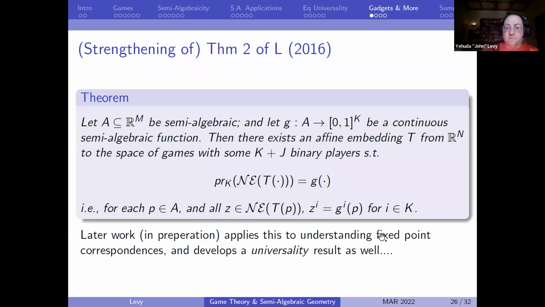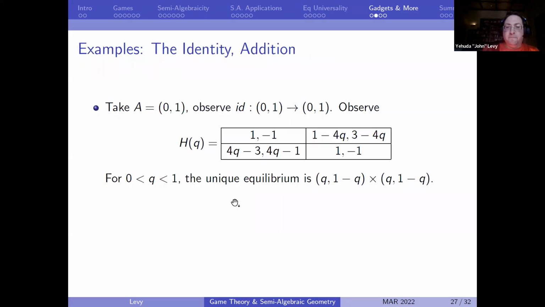So let me give you some examples of this. Let me start with the identity function, and just for simplicity, allow me to look at it on the open interval, not the closed one. If you take a game like this, how to understand it?